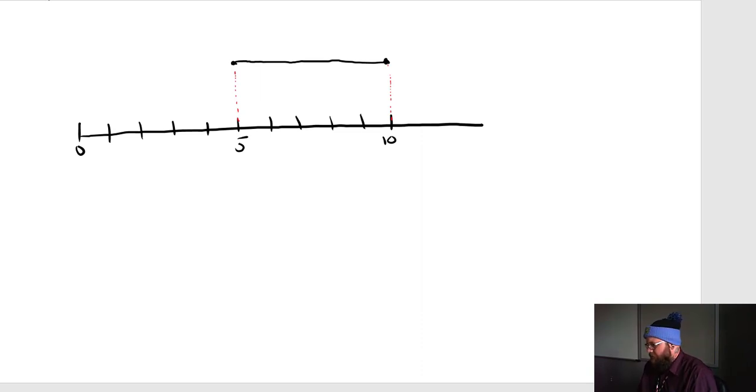Now with that, how many spaces do we have here? We have 5 spaces right here. And they all have the same height.